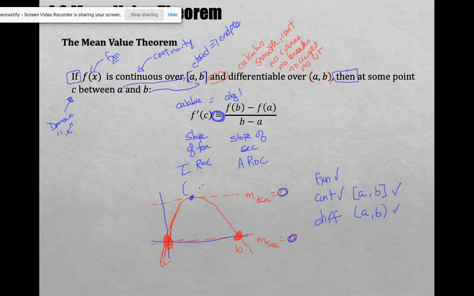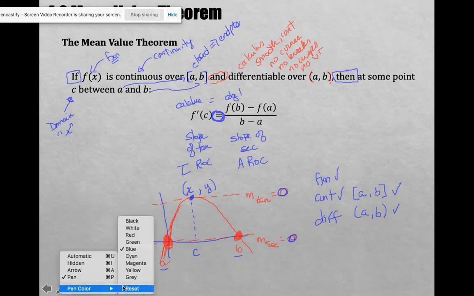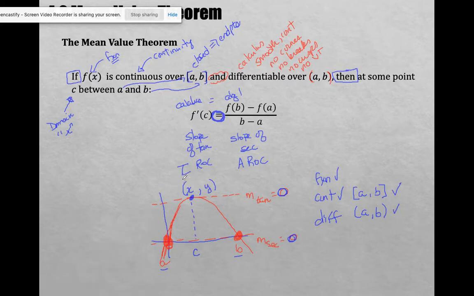The point of tangency is some x comma y, but that x value was between A and B, and the mean value theorem calls that C. So yes, it was an x, and yes, this was a y, but the mean value theorem likes to say this was C, comma, f of C. And further, the instantaneous rate of change at C is equal to the average rate of change over the interval AB. Here's a nicer picture.